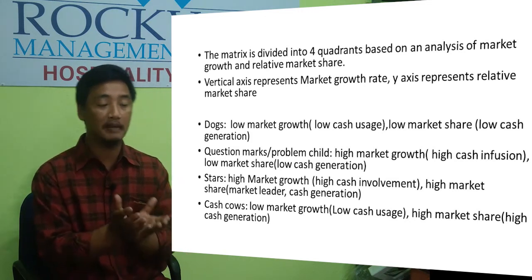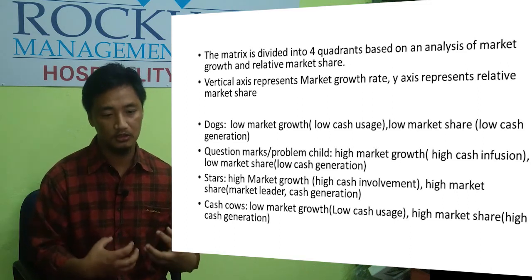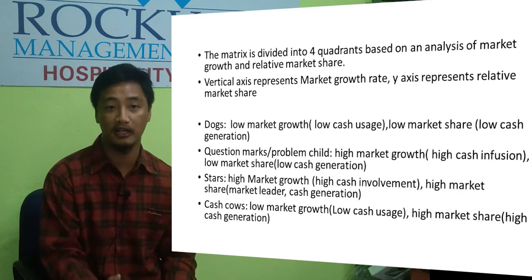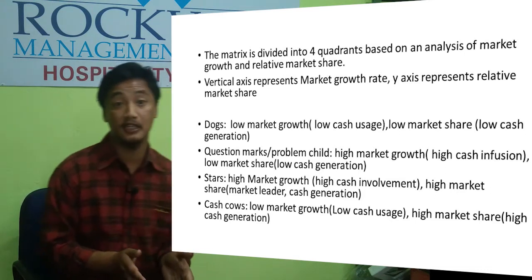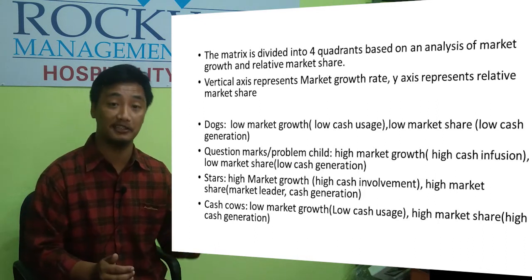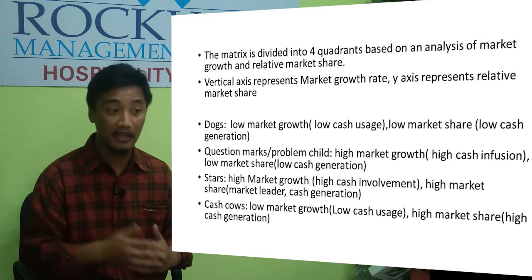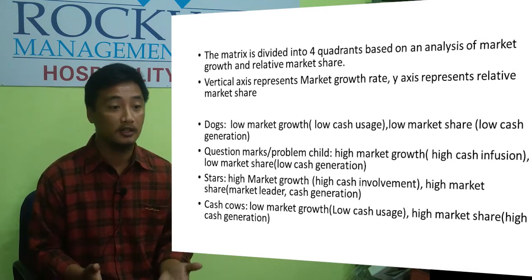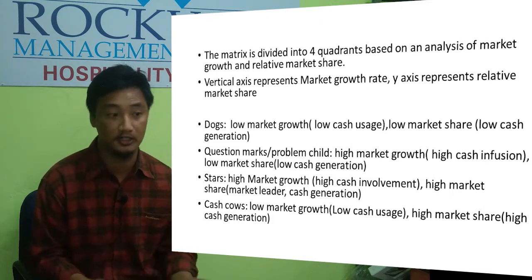And when I'm talking about relative market share, I'm talking about the share that our product has in the market. The vertical axis represents our market growth rate, and the horizontal axis represents the relative market share of our product.